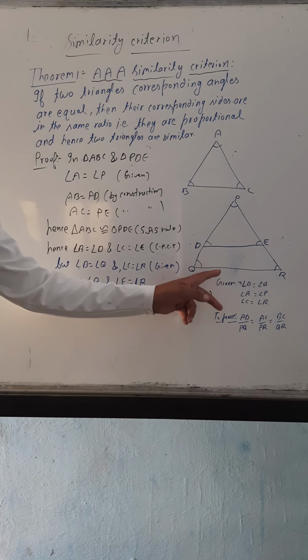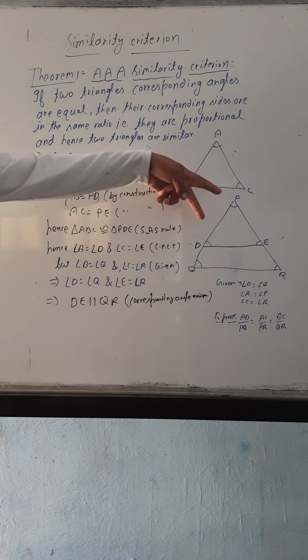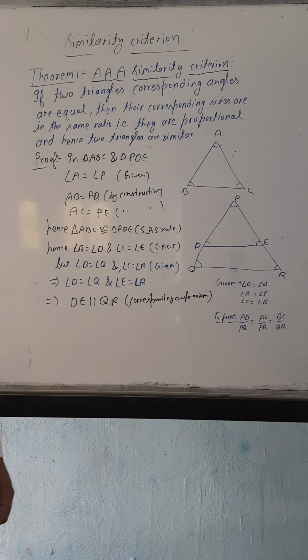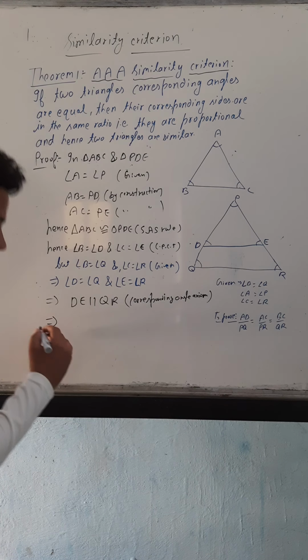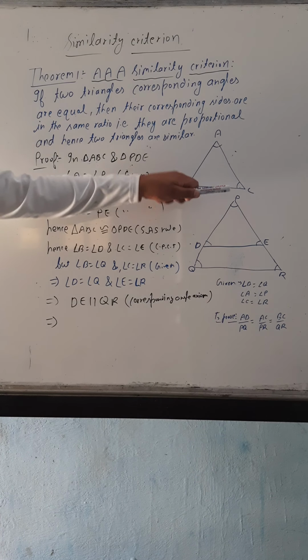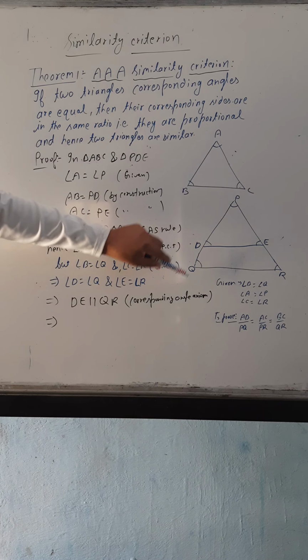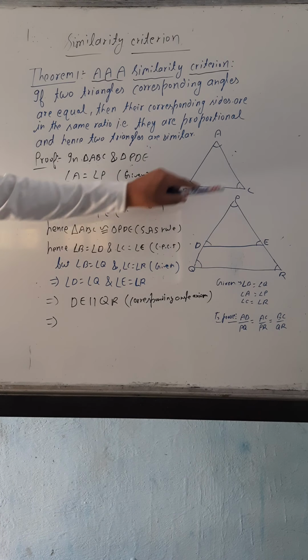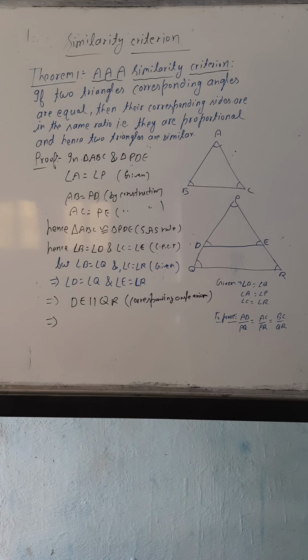If the lines are parallel, then you would say this by this equal to this by that. That is the converse of the BPT we have proved. Okay? So, as the lines are parallel, what does it imply? It implies that I can write PQ by PD. Can I write it?